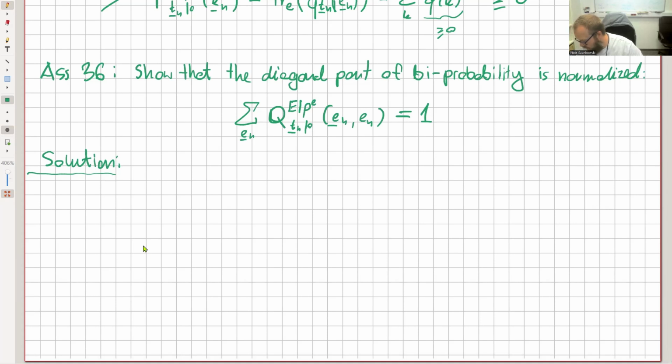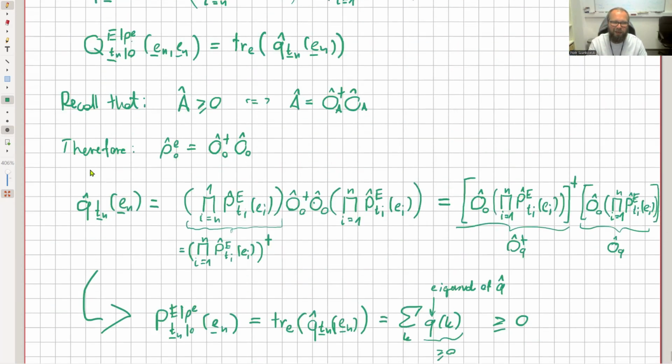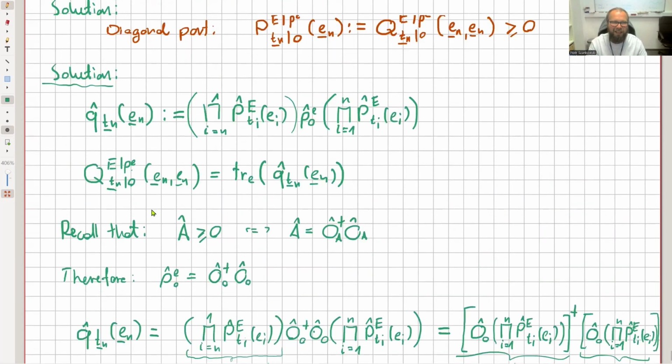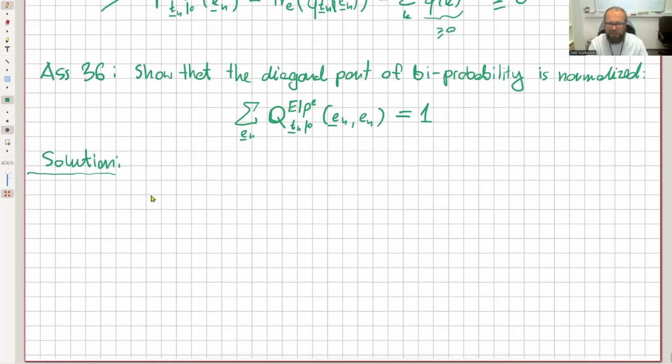So, all right, we can use here our operator Q we defined here. We'll be using it a lot in our upcoming analysis. So here we have to show that the sum over all E's, I mean the whole sequence of arguments, gives us 1.